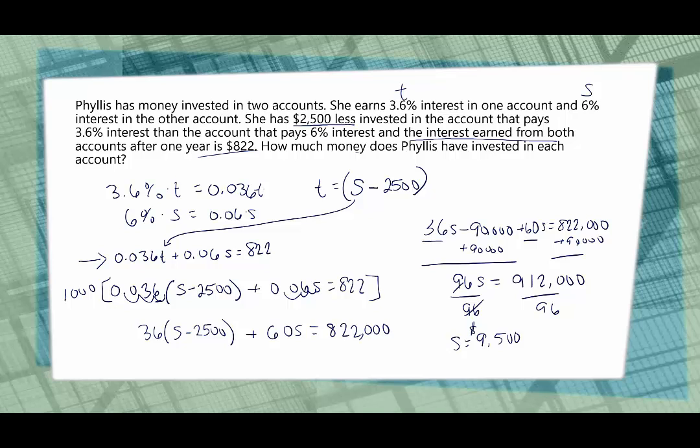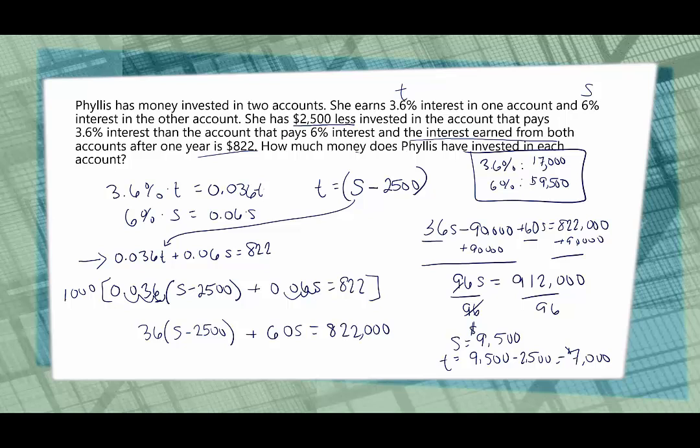Well, remember, we can just use this right up here. We know that T is equal to 9,500 minus 2,500, which would give us 7,000. So we know that the 3.6% account, there was $7,000 invested. And the account that pays 6%, there was $9,500 invested.